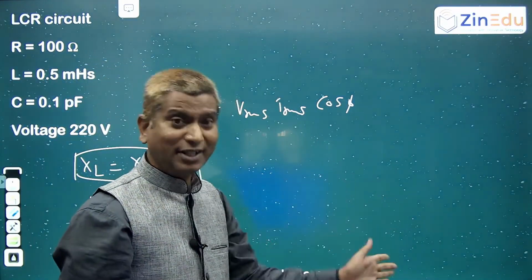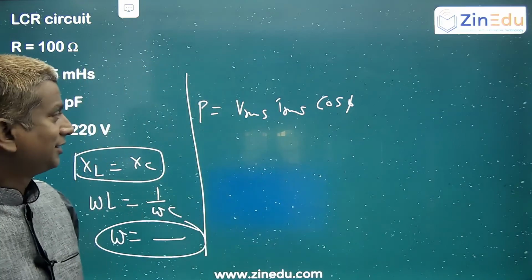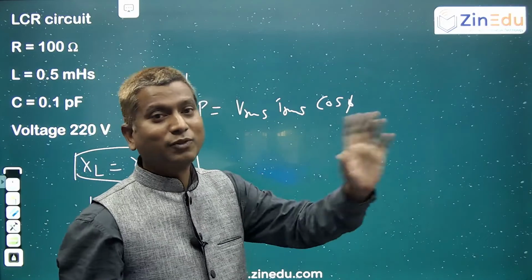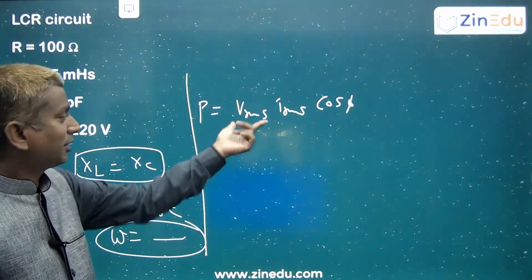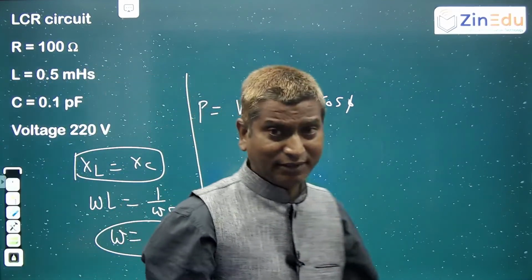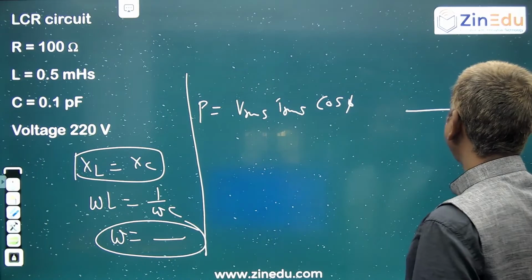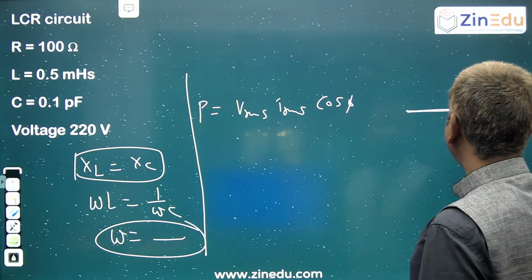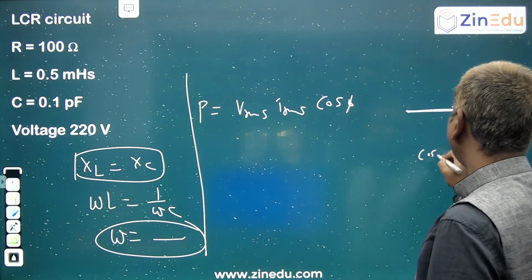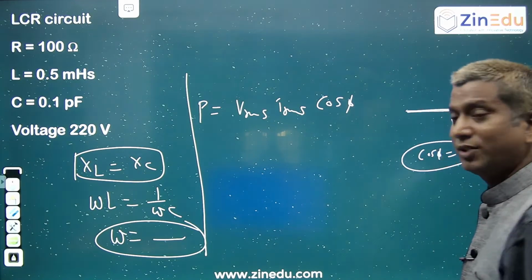Suppose it is really at resonance, then you know that the phi value is 0, so cos phi value will become 1. At that time you will get the power as Vrms into Irms. Since it is at resonance, total voltage and current both will be in the same phase, so cos phi value will become 1. When it is 1, directly Vrms into Irms.